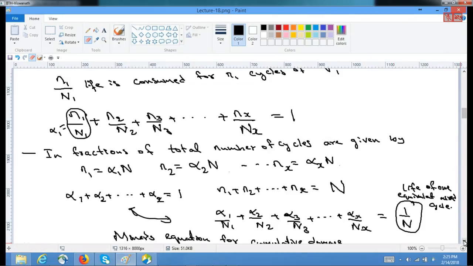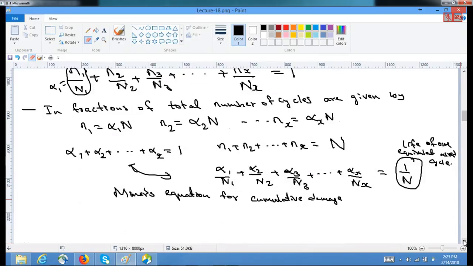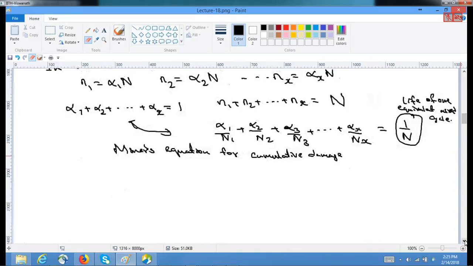This is what will help us in designing for cumulative damage under different levels of load. So with this, we will try to understand this using an example which helps us understand it in a much better form. So for that, let us take this example.